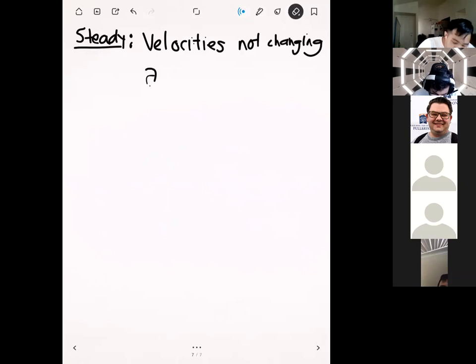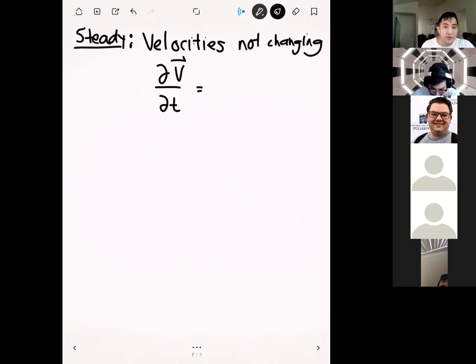And so if we take the partial derivative, don't be scared of the partial derivative. We're not actually going to compute it. But the reason I use a partial derivative here is because, remember, the velocity depends on space and time. And so if we're just taking the derivative with respect to one of those variables, it's just going to be a partial derivative. But when I say steady, all it means is that if you take the derivative of the velocity with respect to time, then it's just going to be 0 because nothing is changing with time.